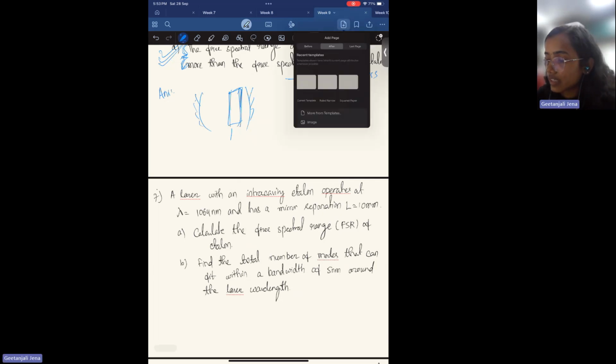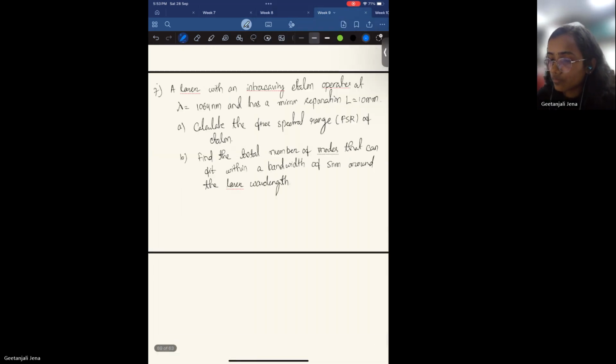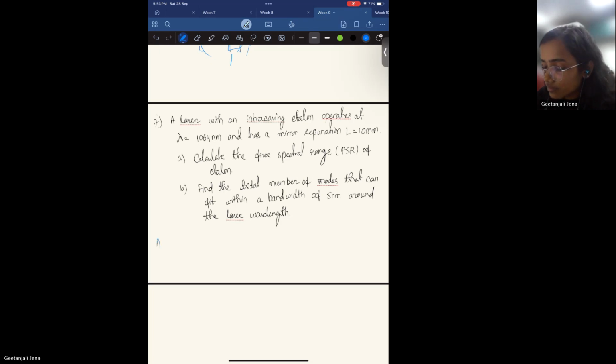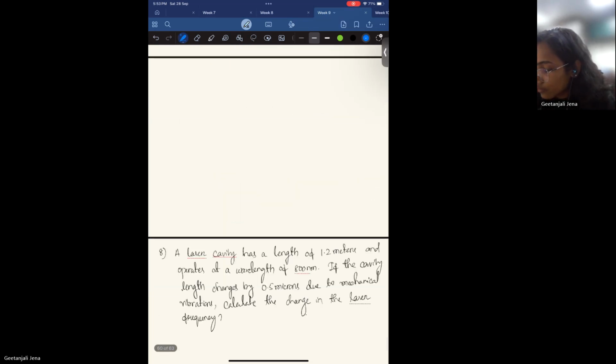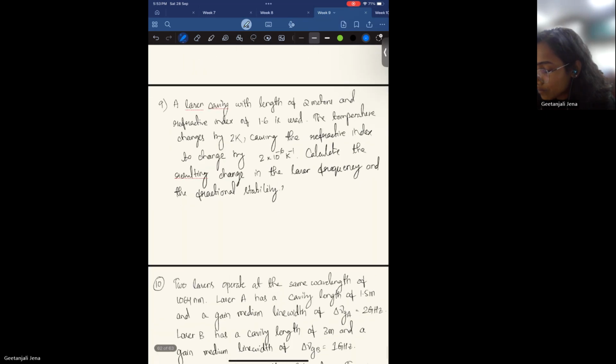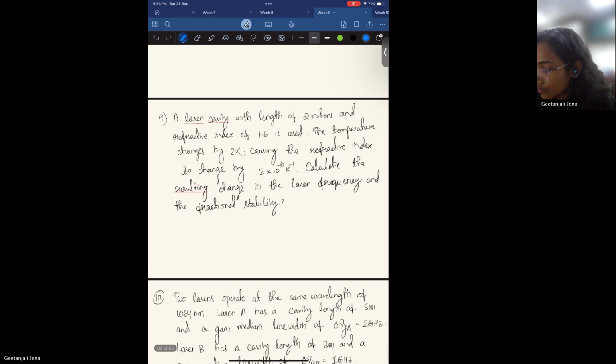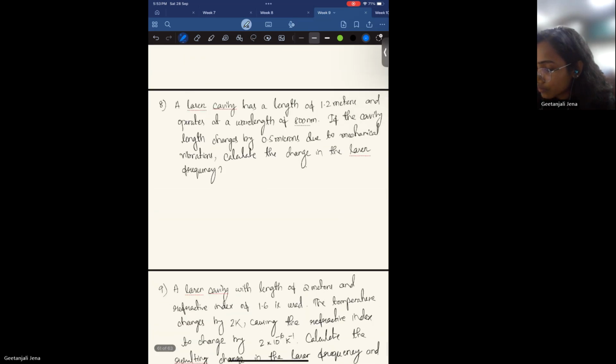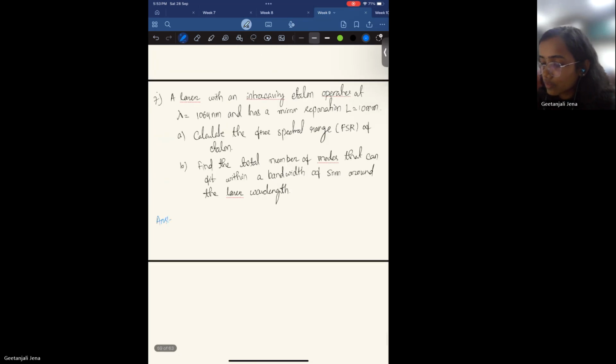So let us see the next problem. The next problem is a laser with an intracavity etalon operates at lambda equal to 1064 nanometer and has a mirror separation L equal to 10 millimeter.